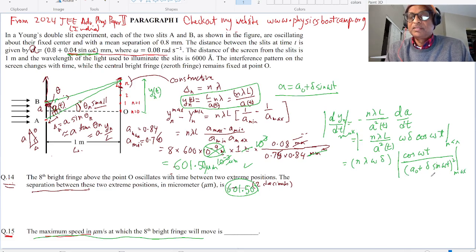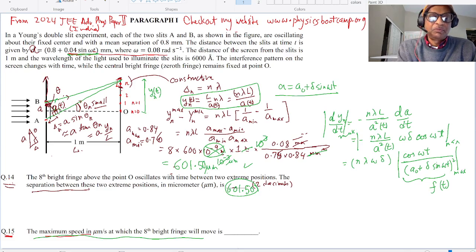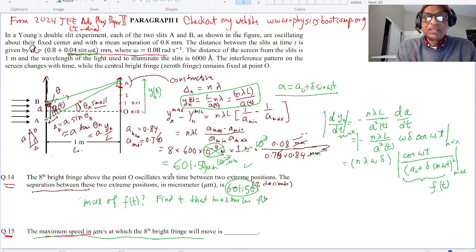So we need to find the maximum of this function. We can call this f of t. How do you find the maximum of f of t? Find the t that maximizes f of t. So you can do calculus, okay?